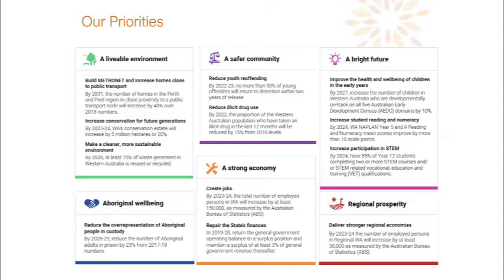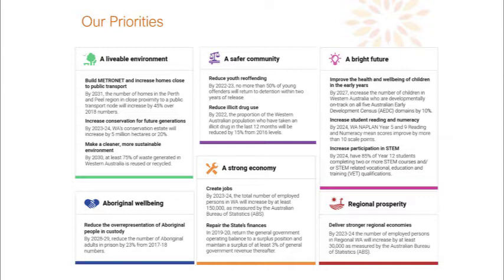A livable environment, looking at conservation for future generations: at least 75% of waste generated in WA is recycled or reused. Aboriginal wellbeing, which a lot of people have challenges with, given that the sole indicator for Aboriginal wellbeing is reducing Indigenous incarceration. That has been a big issue for the sector in particular, that it's the sole way we're describing Aboriginal wellbeing.